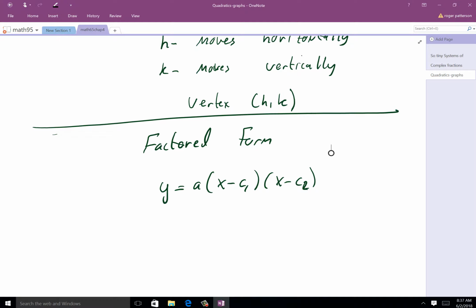Let's go to 1. Now, c1 reminds you probably a little bit of what b was doing, and c2 really gets this thing going.